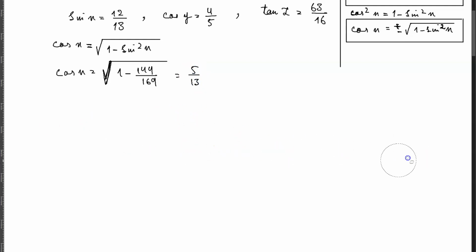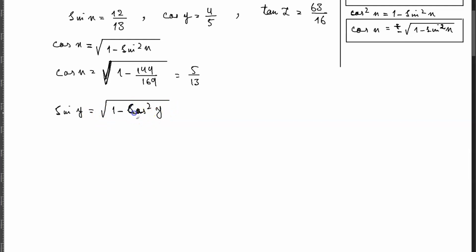Moreover, to calculate sine of y, we know that sine y is equal to the square root of 1 minus cos squared y.